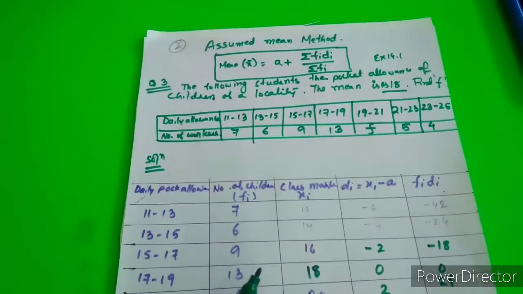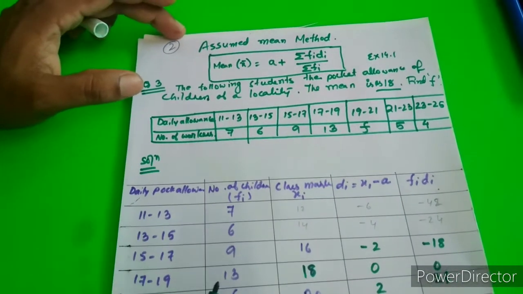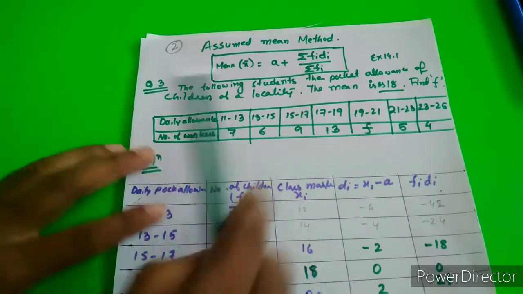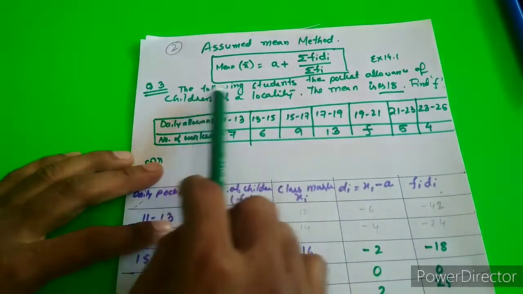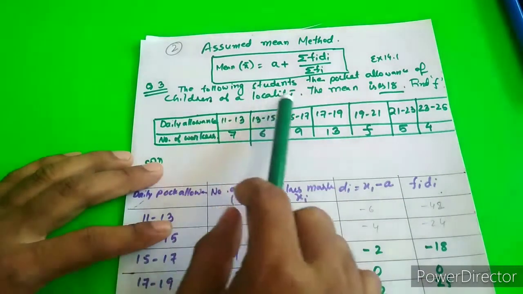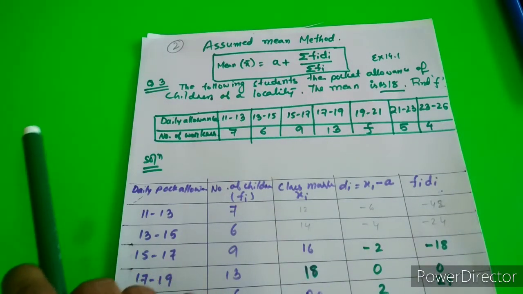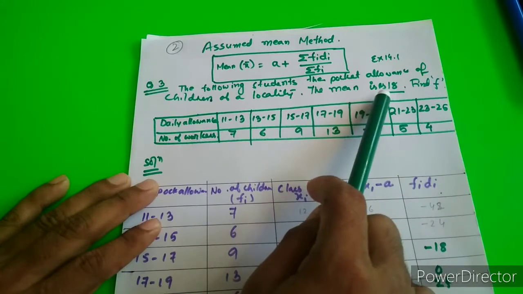Now, if you see exercise 14.1 question number 3, this is one of the most repeated questions in the HSLC examination. Please concentrate carefully. The pocket allowances of children in a locality, that means how much money the parents give them. The mean is 18.